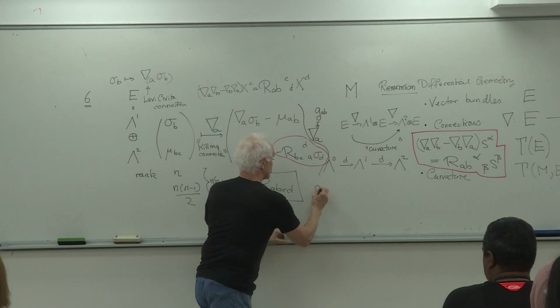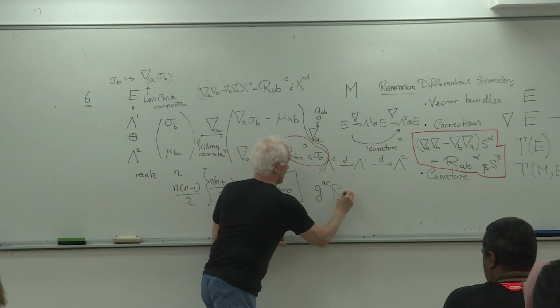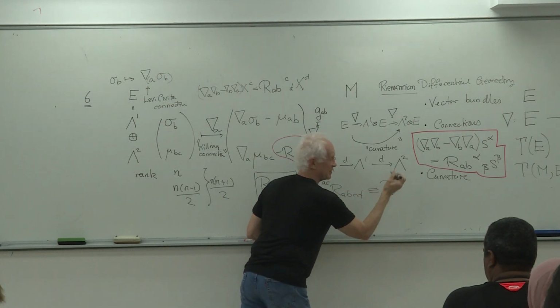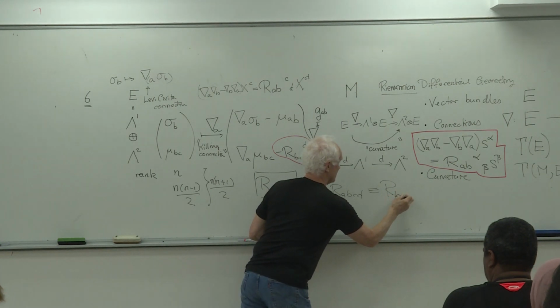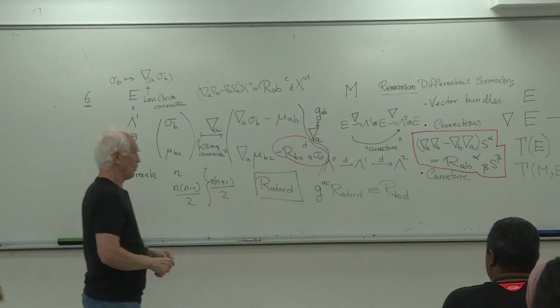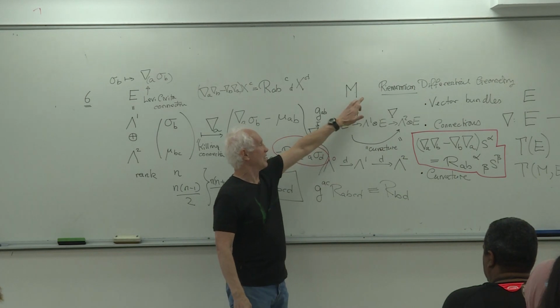Suppose I contract this thing, get rid of the A and C indices. R_{ABCD} becomes, by definition, R with just two indices on it, B and D. This has a name. It's called the Ricci tensor. What's the good of producing another tensor if you've already got one?